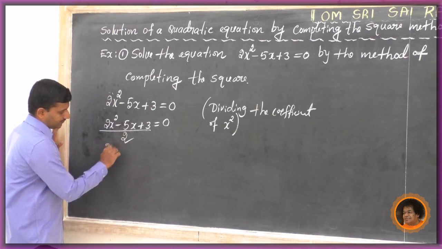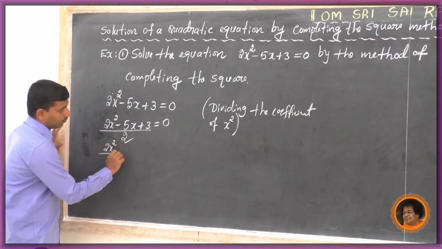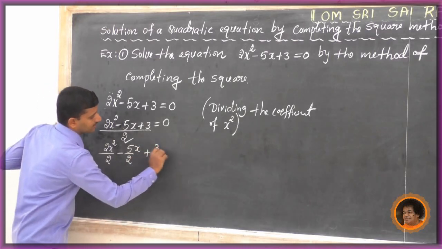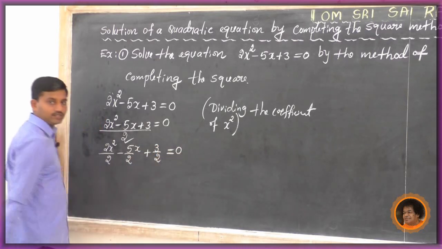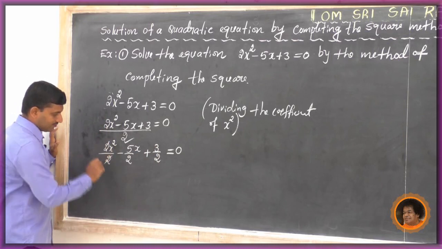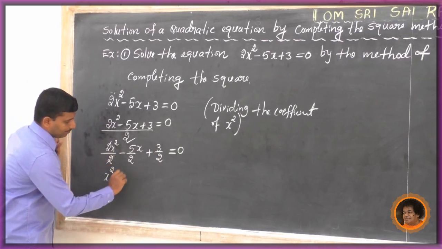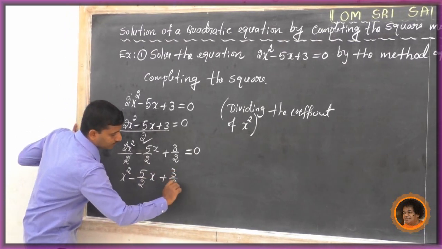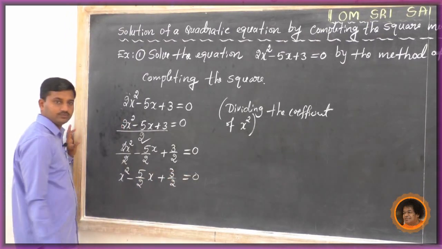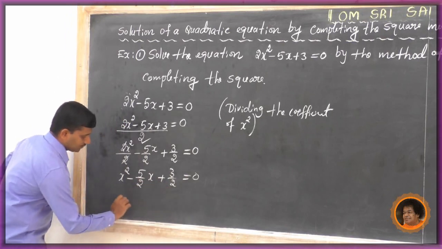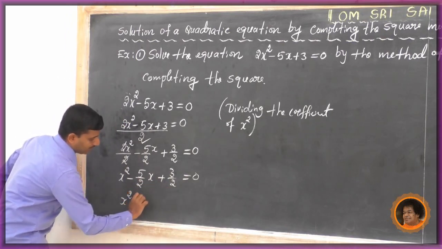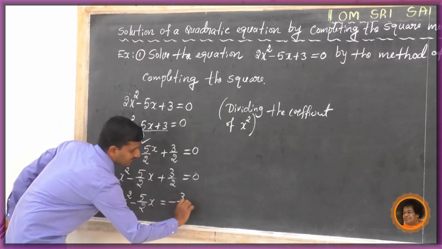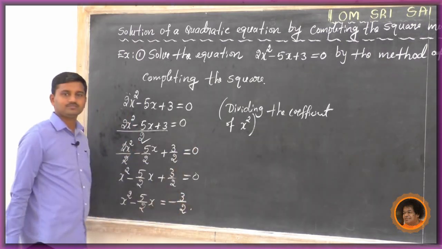So 2x square divided by 2 minus 5x divided by 2 plus 3 by 2 equal to 0. So here the 2 cancels. So x square minus 5 by 2 into x plus 3 by 2 equal to 0. So this one is a constant. So transpose the constant: x square minus 5 by 2 into x equal to minus 3 by 2.